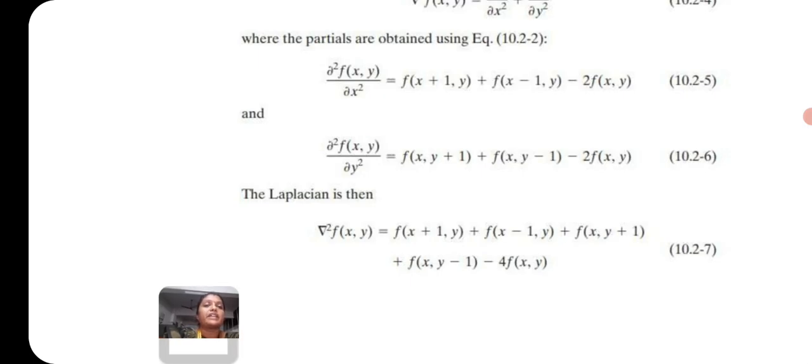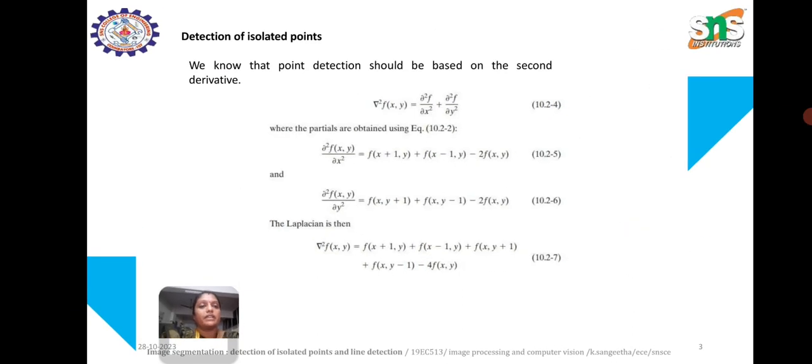Then we have to take the Laplacian, and after taking the Laplacian, the equation becomes ∂²f(x,y) = f(x+1,y) + f(x-1,y) + f(x,y+1) + f(x,y-1) - 4f(x,y).